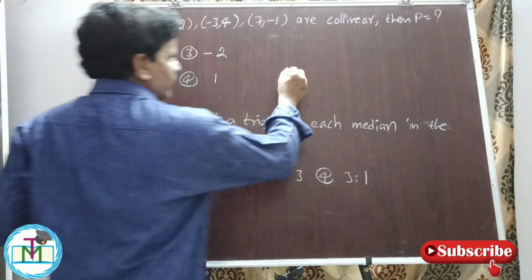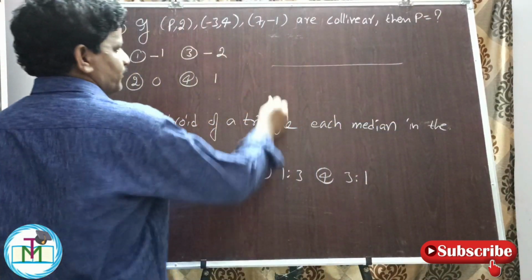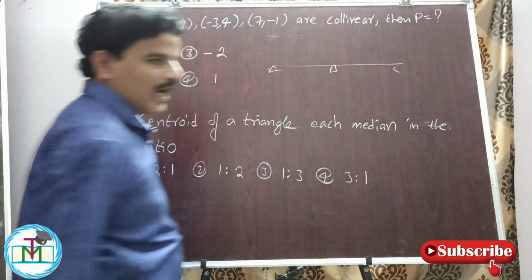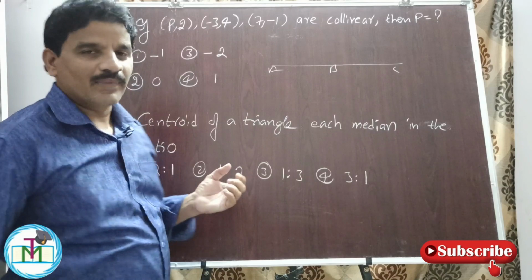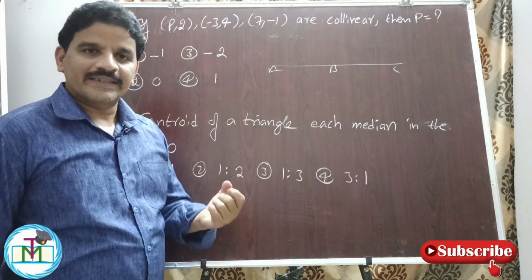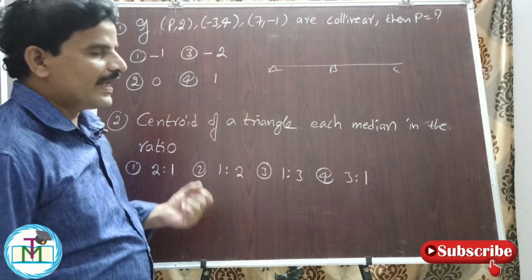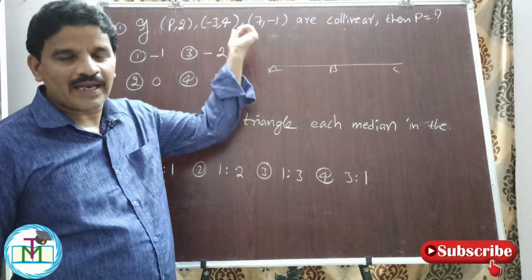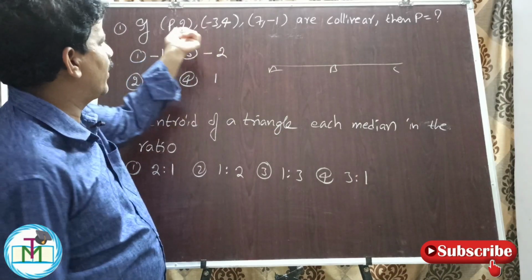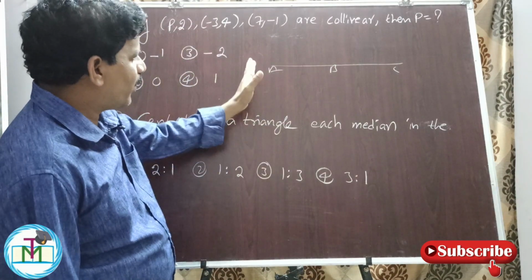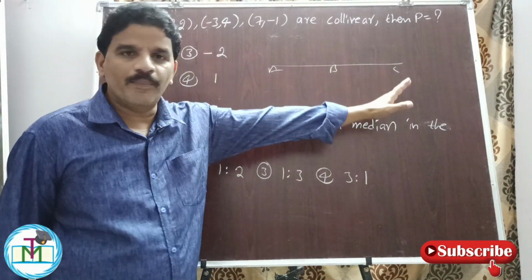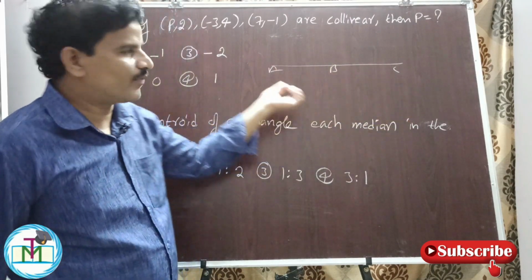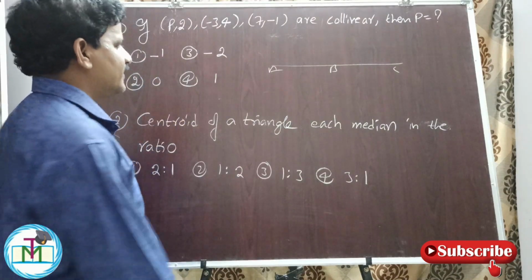In the case of collinear, the area of the triangle is equal to 0. By equating the area of the triangle to 0, we can get the p value, or by taking slope of AB equal to slope of BC, or slope of AB equal to slope of AC, we can find the value of p. Now let us see.